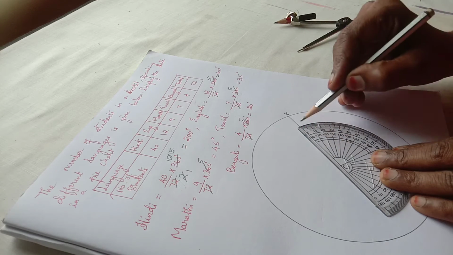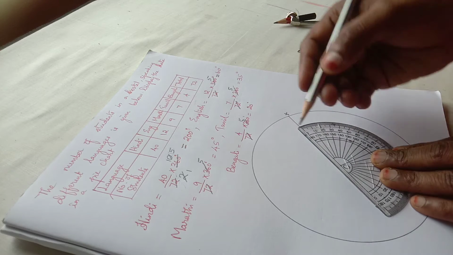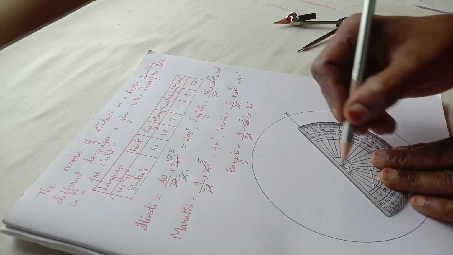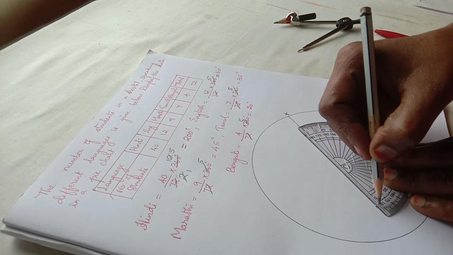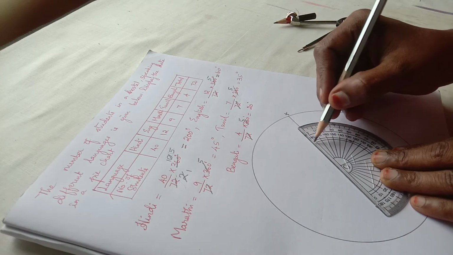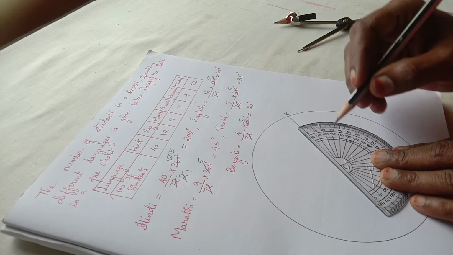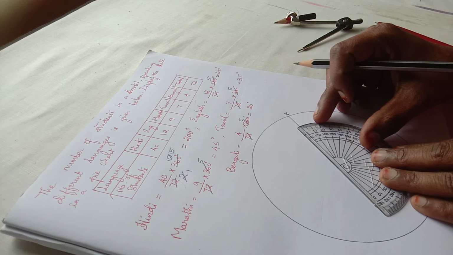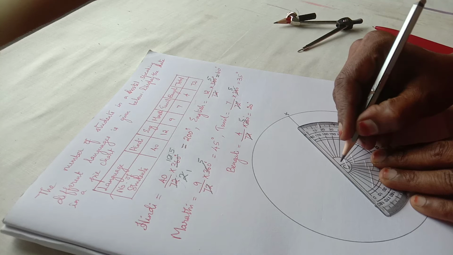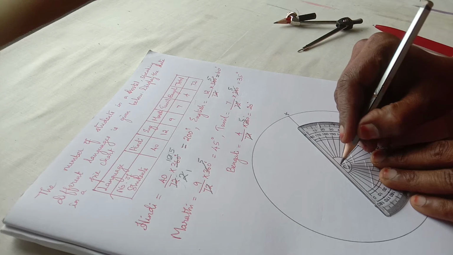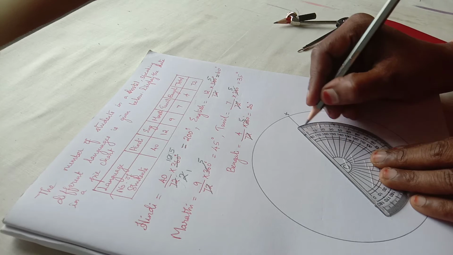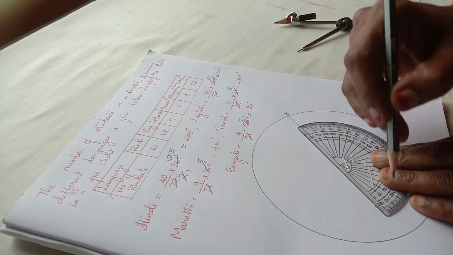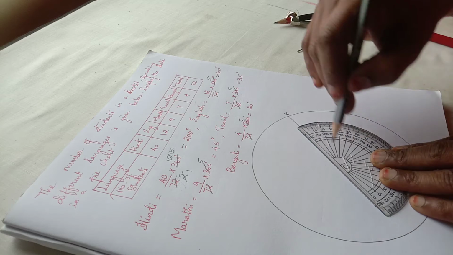Remember, we started from this position only, till this 180 degrees. Now to construct 200 degrees, the center of the protractor and the center of the circle should coincide, and we adjust the baseline like that, because when you draw a straight angle you get a straight line.